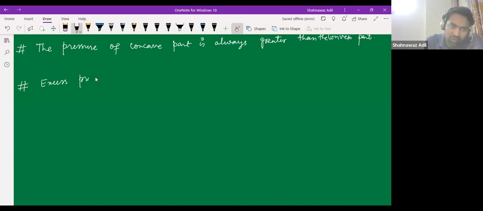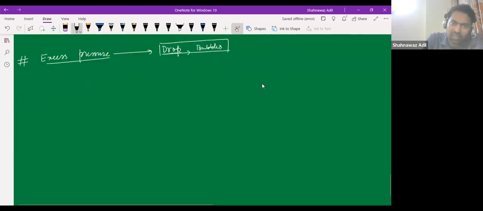Okay, so now we will calculate the excess pressure of the drop, the water drop, and we will also calculate the excess pressure of bubbles. These two things we will calculate. So what is a liquid drop?